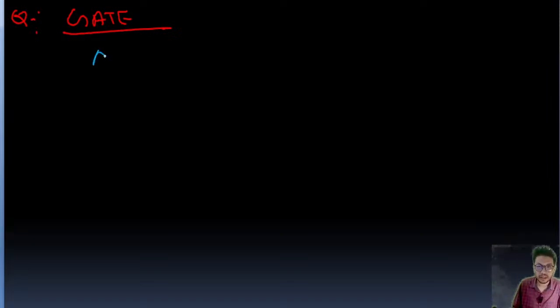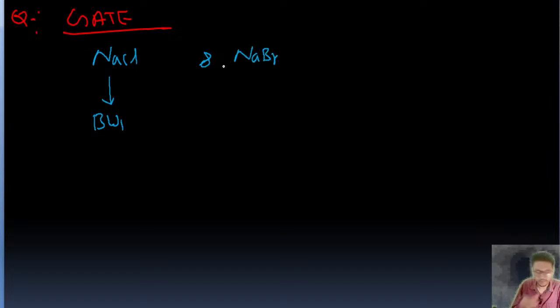The question is: you need to find the band gap of NaCl, that is sodium chloride, denoted by Bw1, and NaBr, sodium bromide, whose band gap is denoted by Bw2.